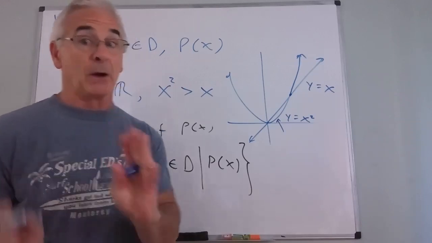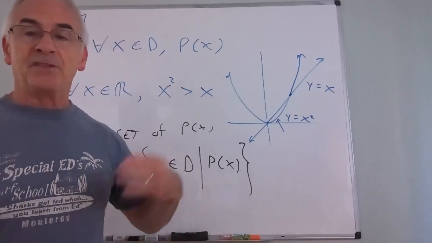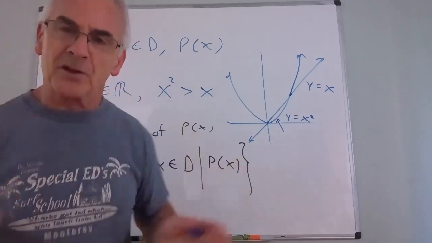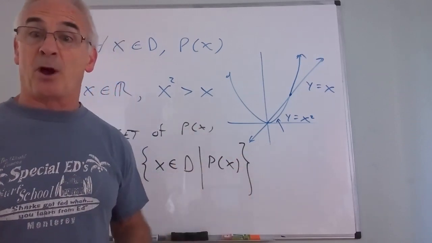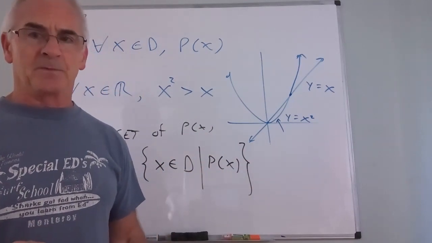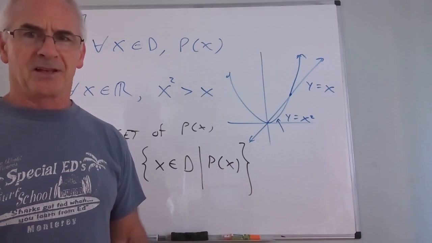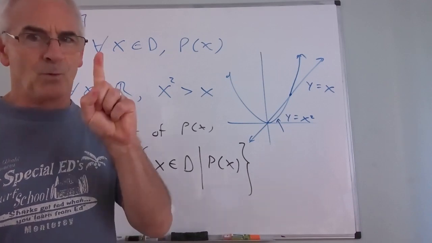Now, by the way, this is a very, very important logical concept that a lot of people don't understand. For this statement to be false, does it have to be always false? In fact, exactly how many times does the statement need to be false in order for the statement to be false? Anyone want to guess? One. Only one time.